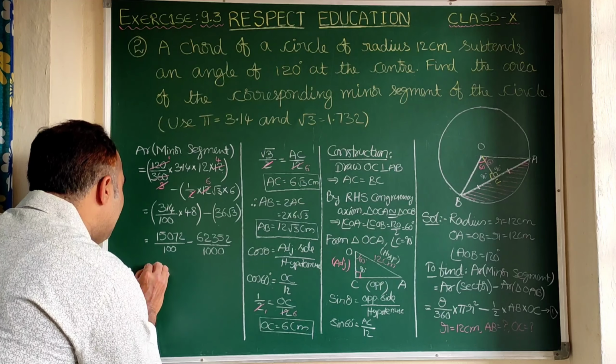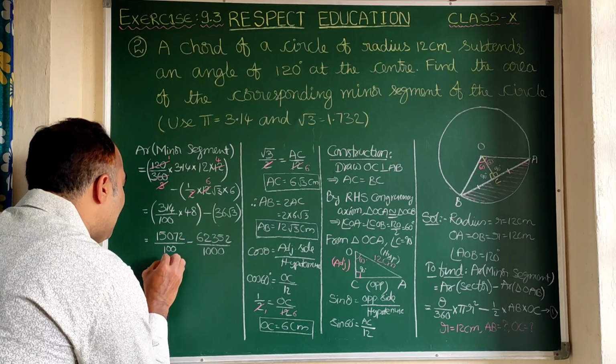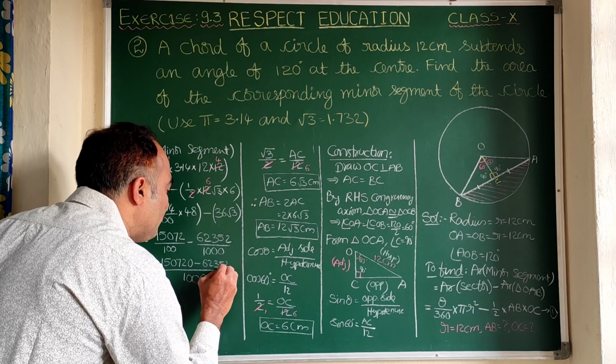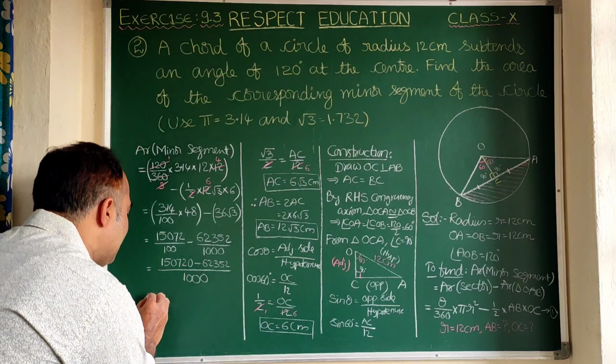Now let us take 100 and 1000. 1000 is the LCM. So 100 tens are 1000. That 10 into 15072 is 150720, minus 1000 ones are 1000, 1 into this one, let us write as it is, 62352. Now let us subtract this value.